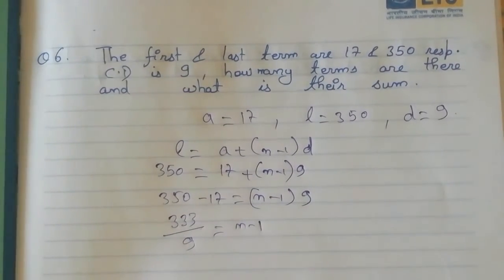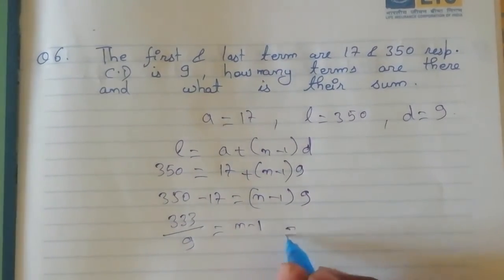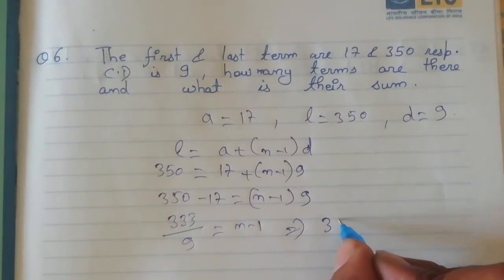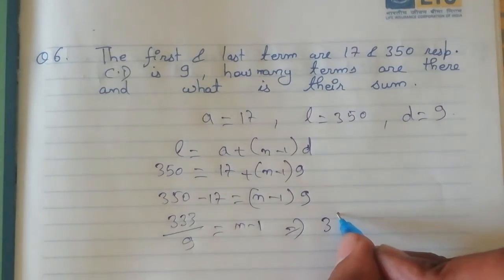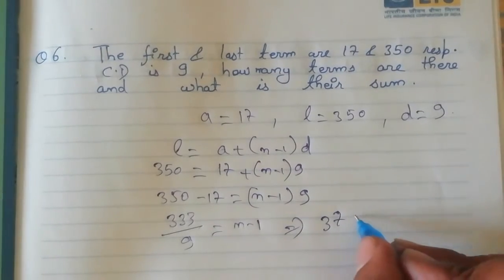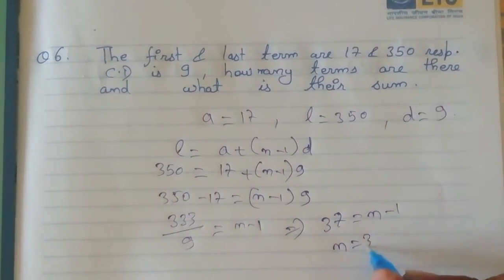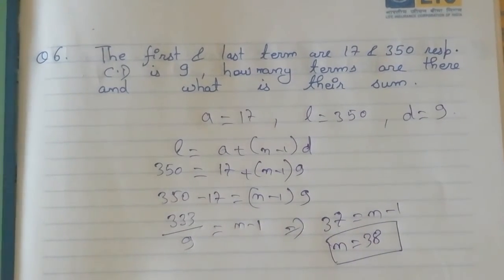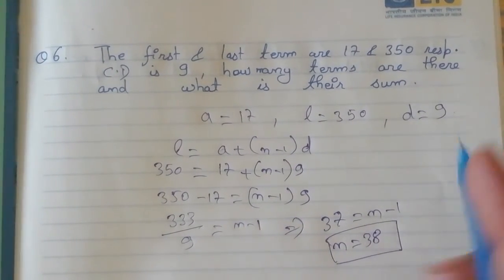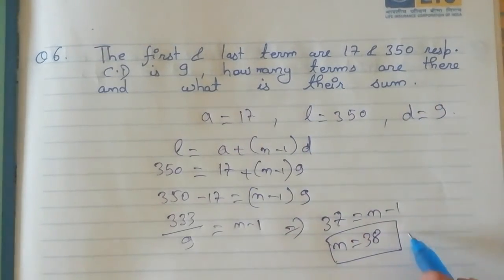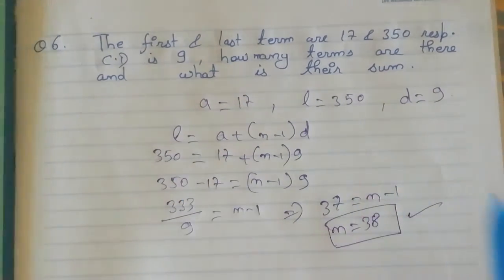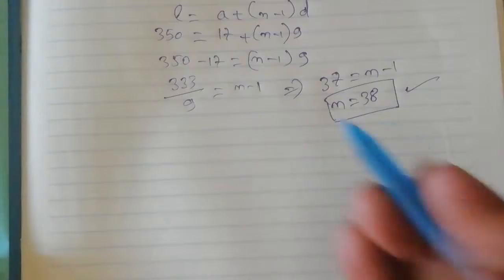Now from here we have 9 3s are 27 and 9 7s are 63, is equal to n minus 1. So from here we have the value of n is equal to 38. Now what do we have to find here? How many terms are there? So there are 38 terms, and what is their sum? We have to calculate the sum.